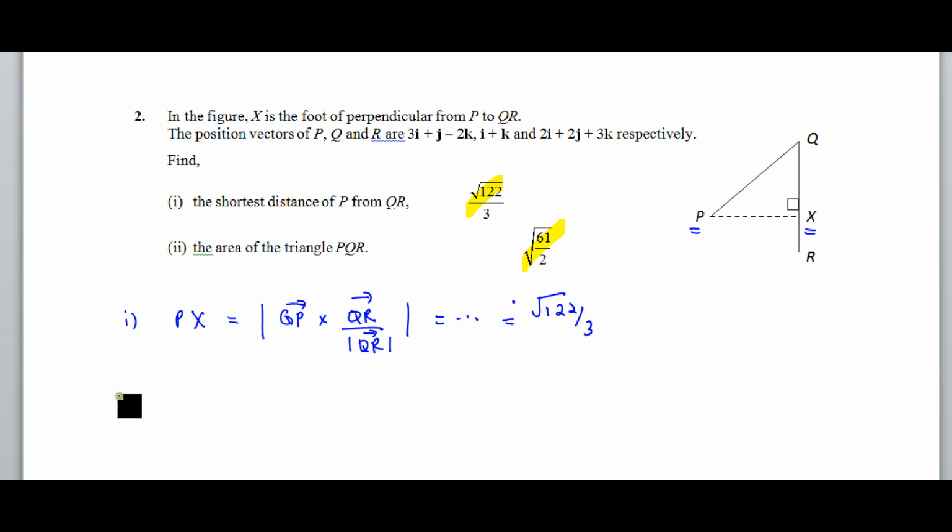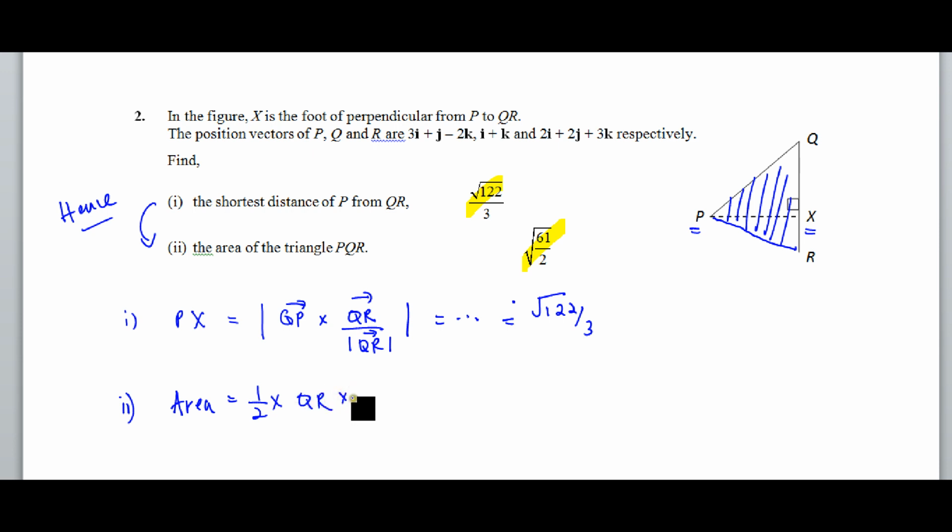Now part 2 is the one that, even though they did not use hints, you should be able to deduce that using part 1. Area of PQR, which is this area we're looking at, should be equals to half times base, which is QR, times PX, which is therefore equals to half times mod QR times mod PX.